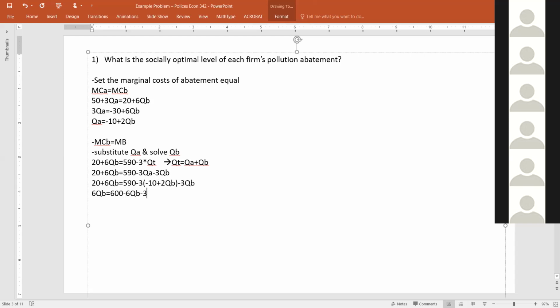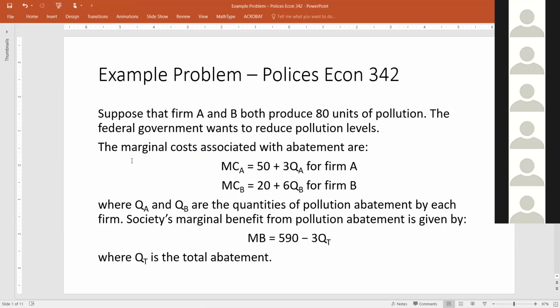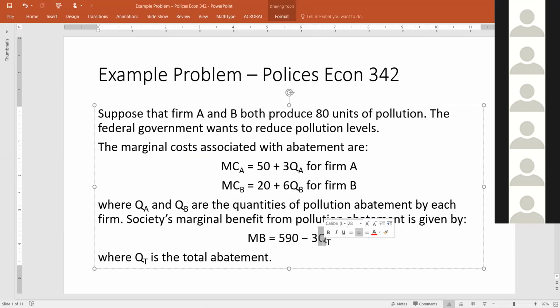I'm sorry, I know you just kind of answered this, but where did the 3QA and the 3QB come from? You're talking about this line that I've highlighted right here? Yes. So we have the marginal cost for firm B equal to the marginal benefit. Marginal benefit is from our given information, right? Yes. Marginal benefit is given in terms of society as a whole.